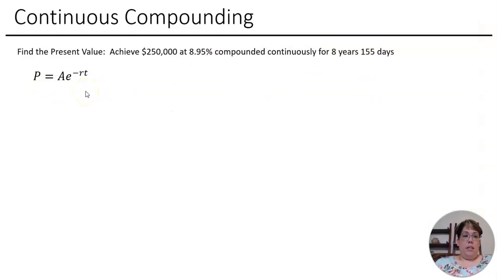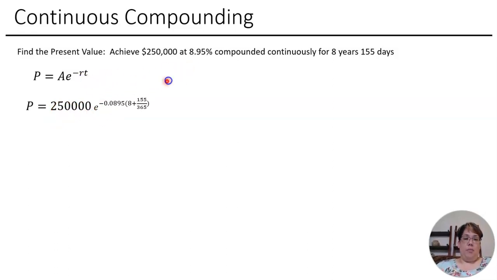So when we plug these values in, we get 250,000. The rate is 8.95%, so it's 0.0895. Make sure you use the negative. And then the time, here's where this comes in.